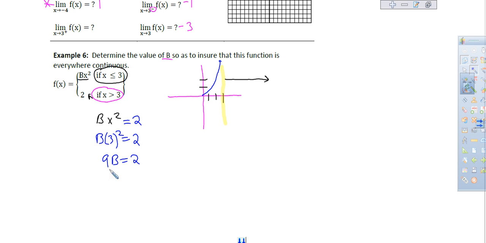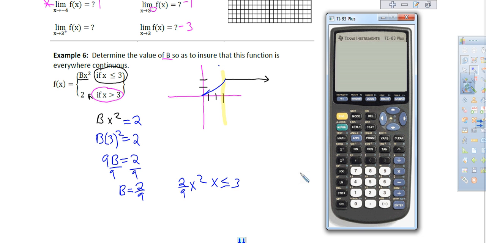So if we divide by 9, we get that b is equal to 2/9. So if we put 2/9 in front of that x squared term, we get that this function is 2/9 x squared when x is less than or equal to 3. So it would look something like this.